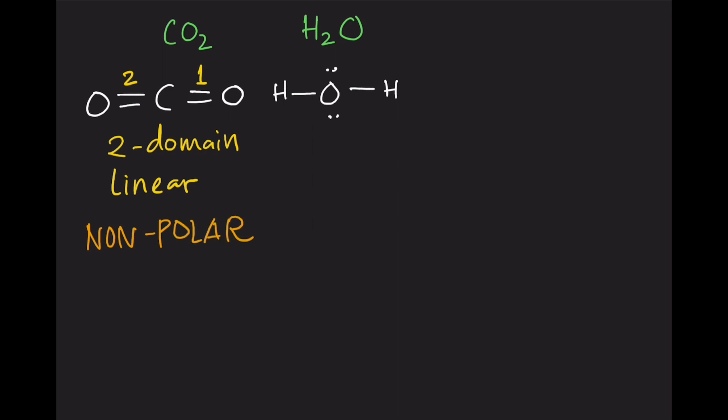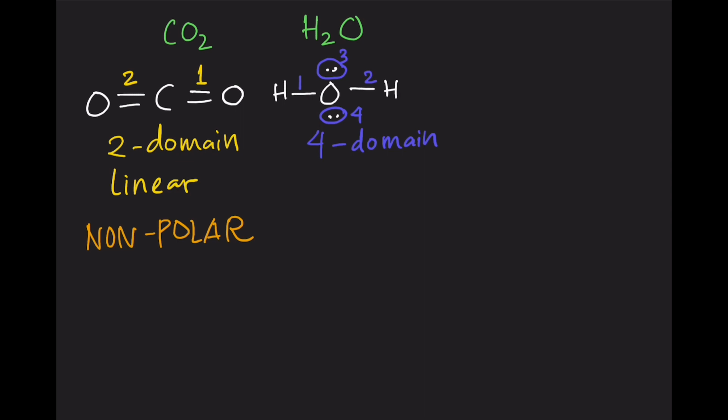However, this is different in the case of H2O. H2O is not a two-domain compound. It is rather a four-domain compound because we have 1 and 2 and also 3 and 4. We count each lone pair as one domain.